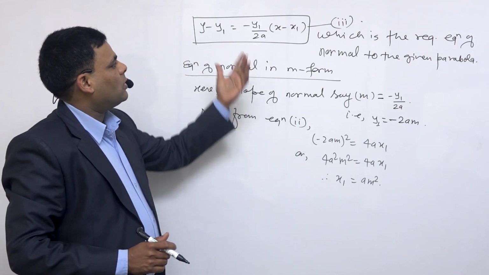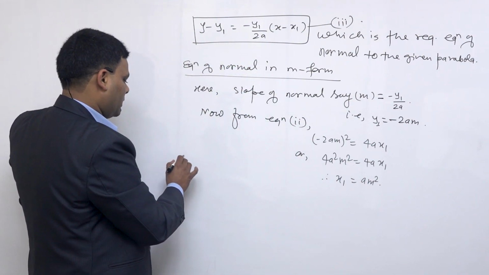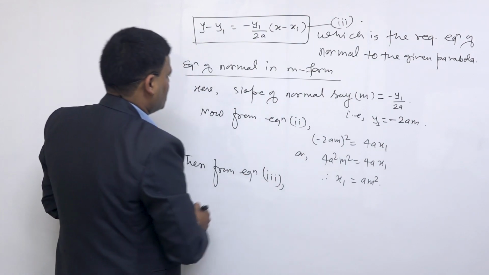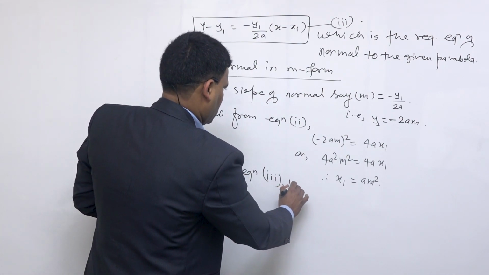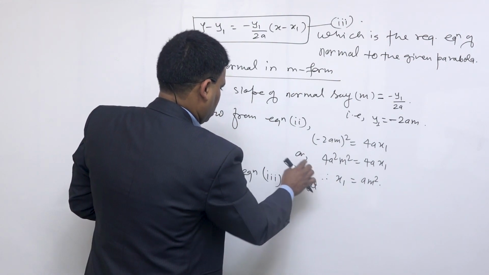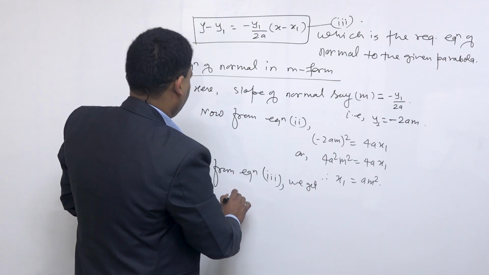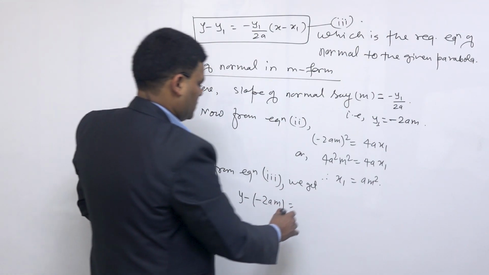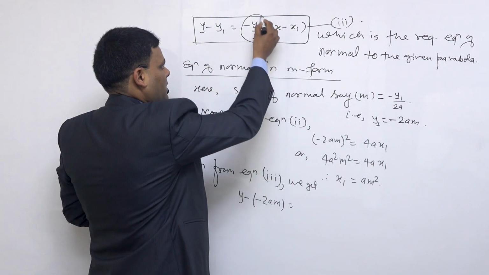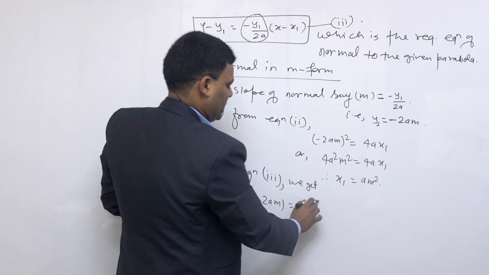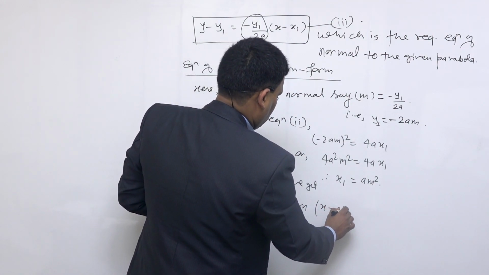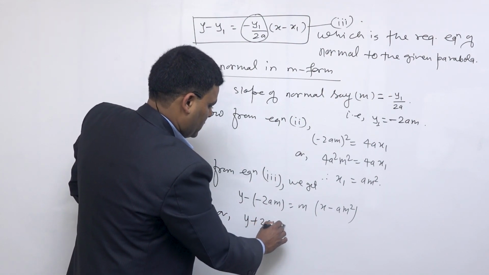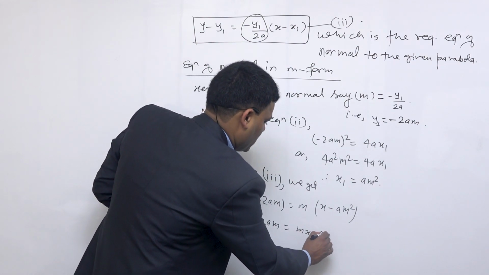Now substituting the values of x1 y1 in equation 3, from equation 3 we get y minus 2am equals to m, since minus y1 by 2a is the slope of normal, into x minus am square, or y plus 2am equals to mx minus am cube.